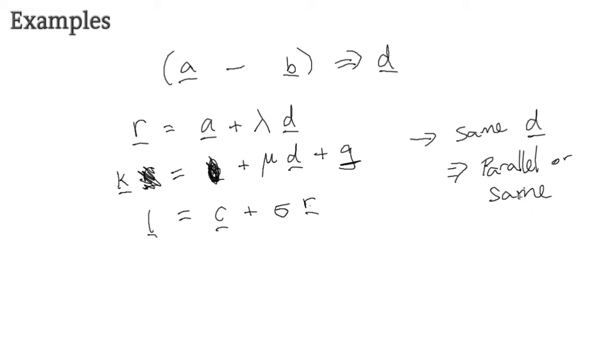Being the same has to mean that every single component is equal. So G has to be A, D has to be D, which was defined as true, mu has to be lambda, then K is equal or the same as R. There's also one that is basically just they overlap, they are parallel, but they are not the same.